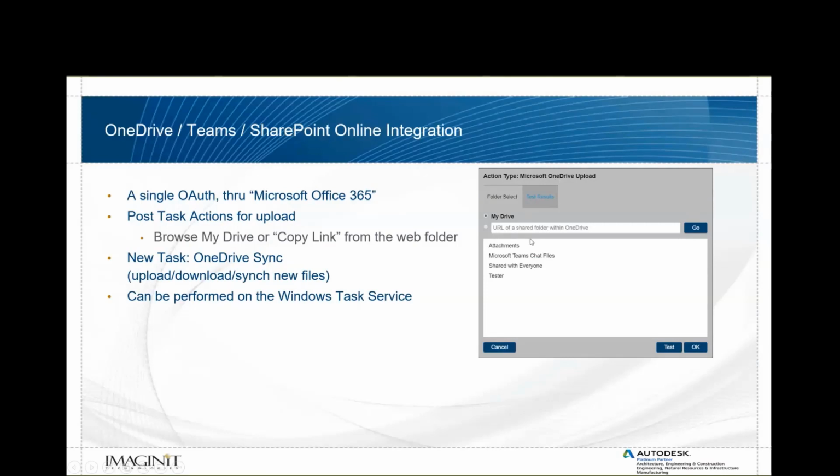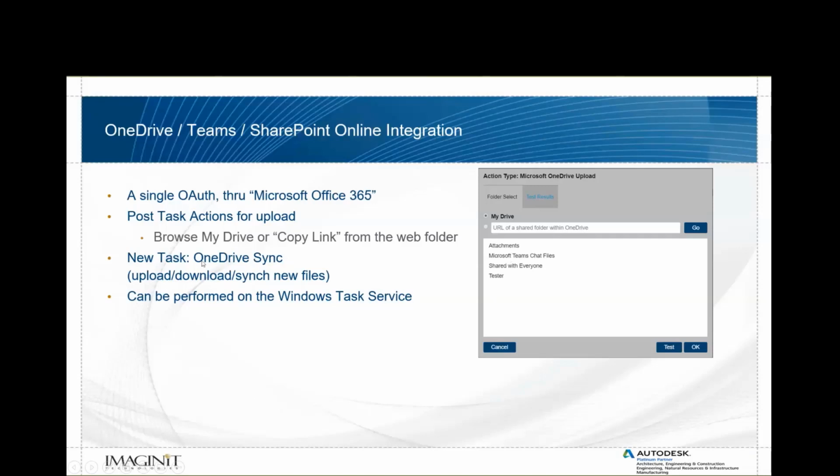In the case of OneDrive, we can actually browse through and pick this way. In the case of other ones, you may have to go in and copy a link from the SharePoint environment or the Teams environment and paste that link in, and then we can work with that.